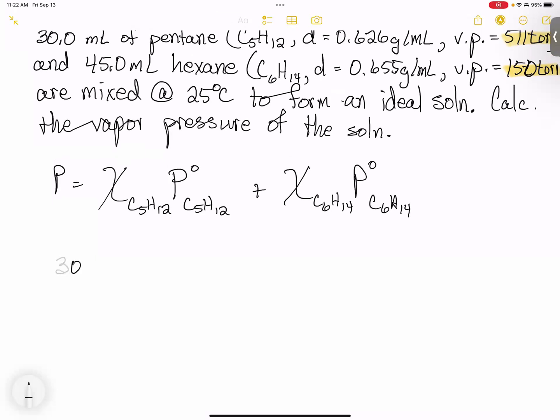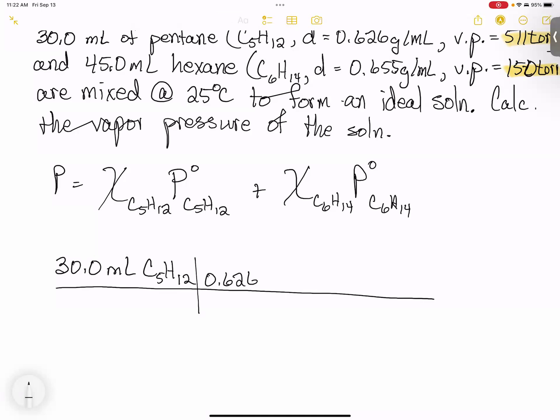You have 30.0 milliliters of pentane, C5H12. Pentane has a density of 0.626 grams of C5H12 per 1 milliliter.